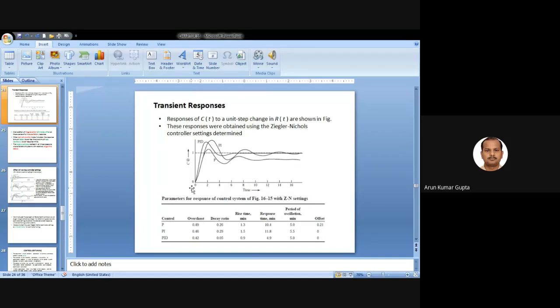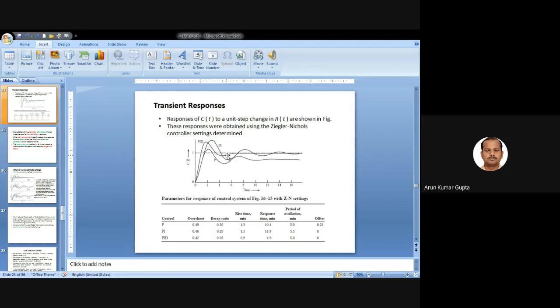And if you go for PI, these oscillations are increasing. We have more oscillations, and ultimately it will take a longer time to attain the same value, that is 1. So there is no offset. But if you take the PID, you can see the oscillations are also suppressed.